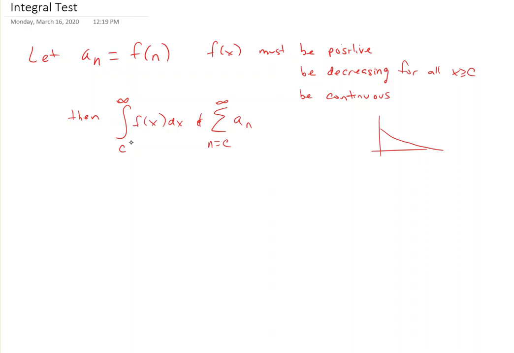So the improper integral, which is what we have here, and the infinite series, they will converge or diverge together.